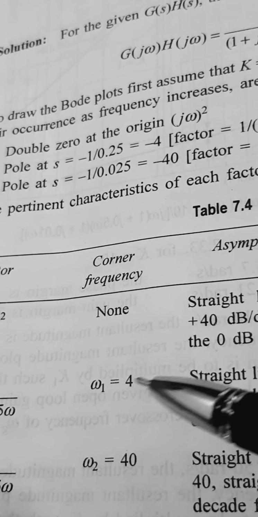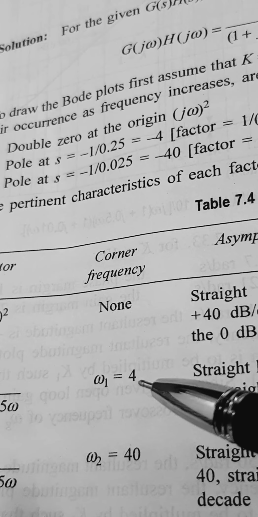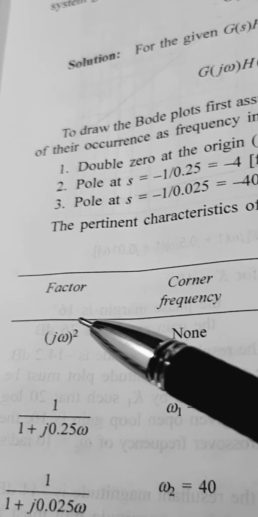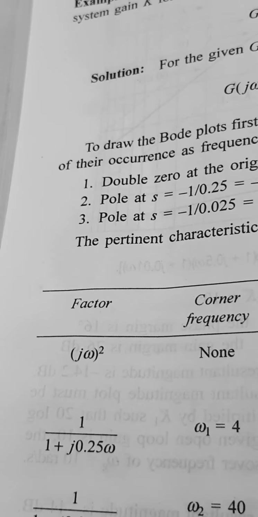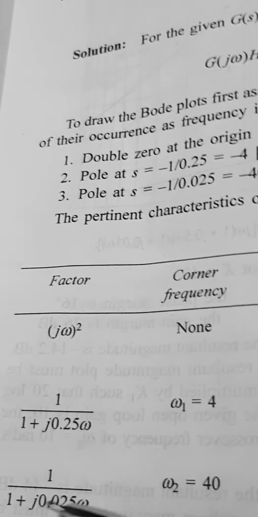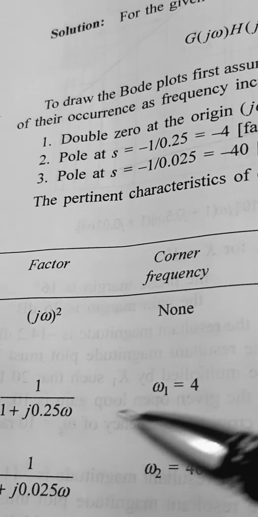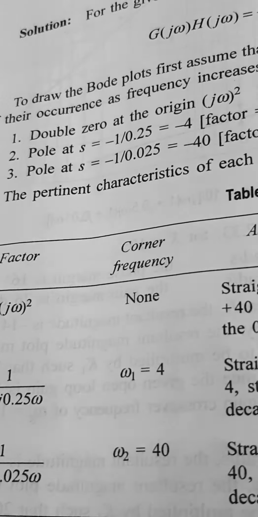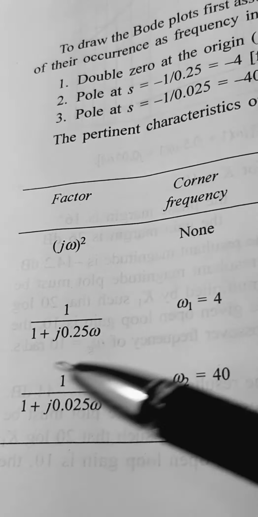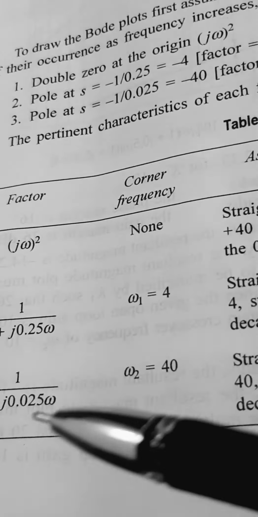Before omega 1 equal to 4, the first factor's effect will be there all the time. For the second factor, till the corner frequency the effect is 0. After that, minus 20 dB per decade. And for the third one, till 40, the effect is 0.